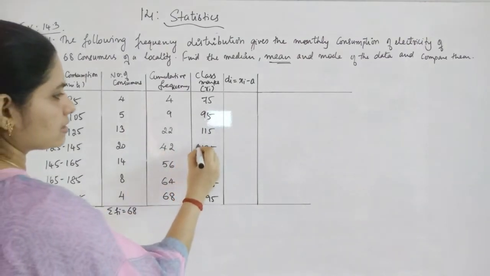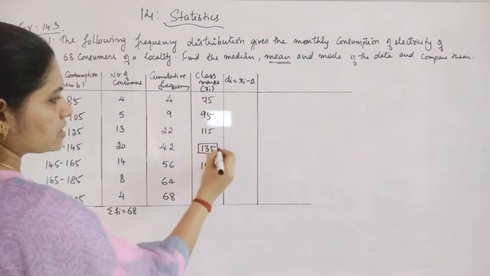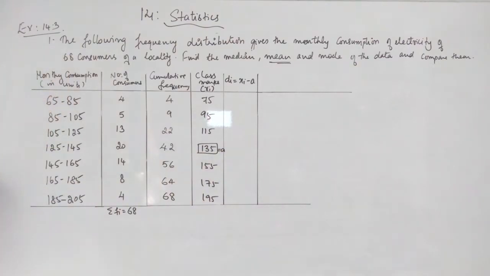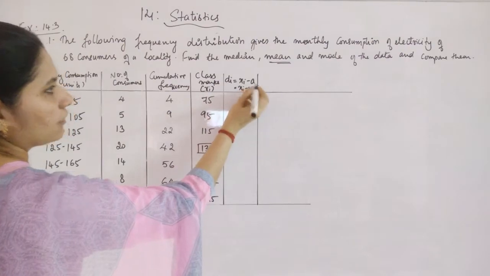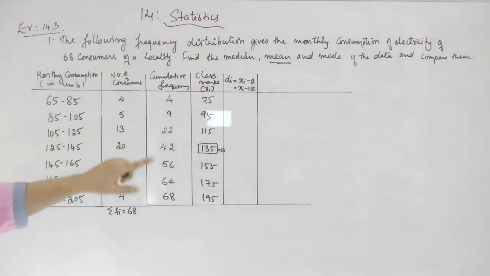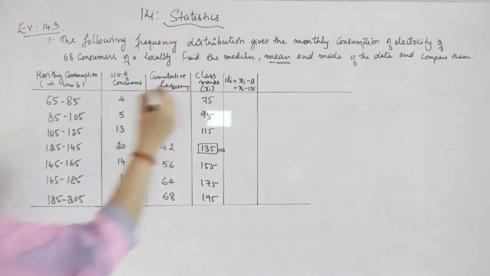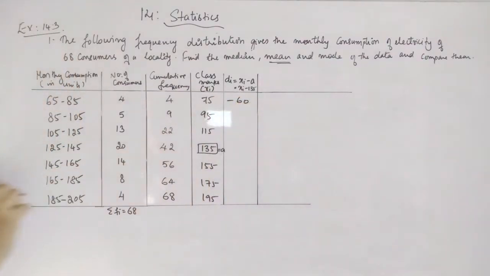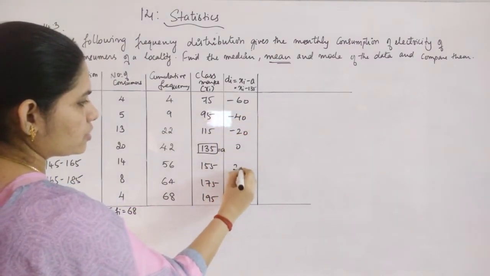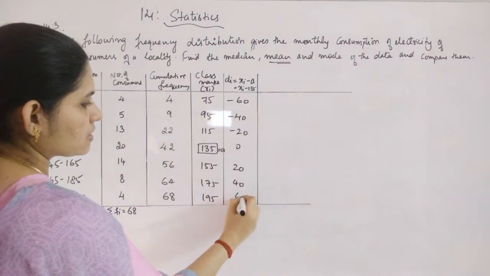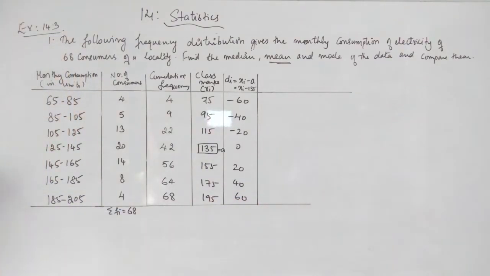Let's take the middle one, 135, as a, so di is equal to xi minus 135. 75 minus 135 gives minus 60, then minus 40, minus 20, 0, 20, 40, 60. Now you have to find fi di.